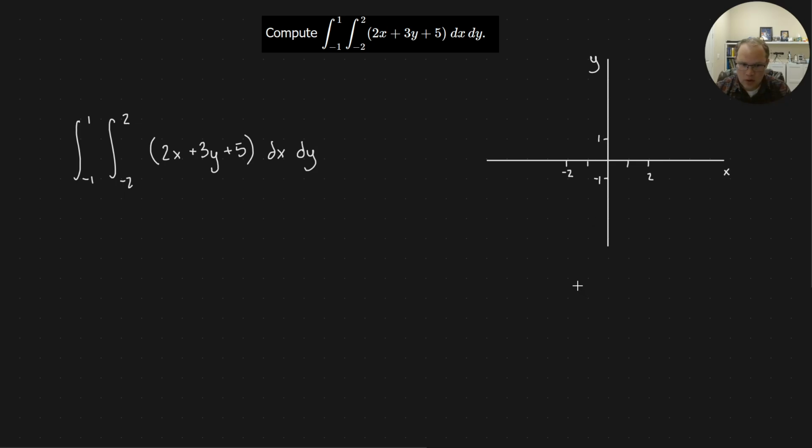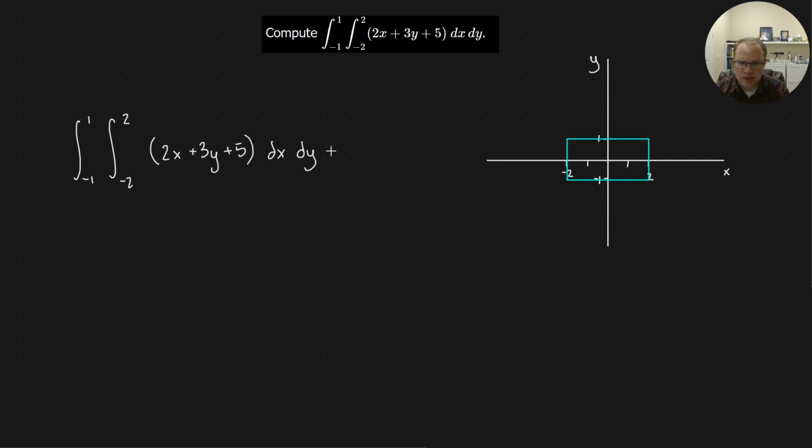Okay, which means we are dealing with this rectangular region. This is the region over which we're integrating. We are finding the volume under this function over this rectangle.